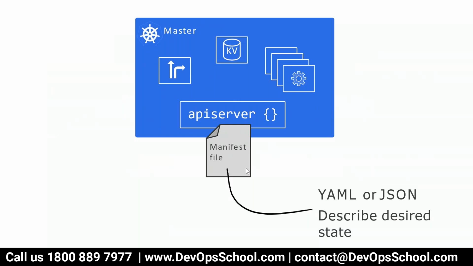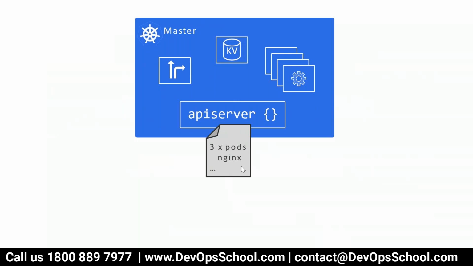Now, what can be a desire? A desire may contain multiple API resources, which I'll uncover one by one. But let's say we know pod. So here you say, hey API server, which is part of the Kubernetes master, give me 3 pods of Nginx. The API server stores that information in etcd.